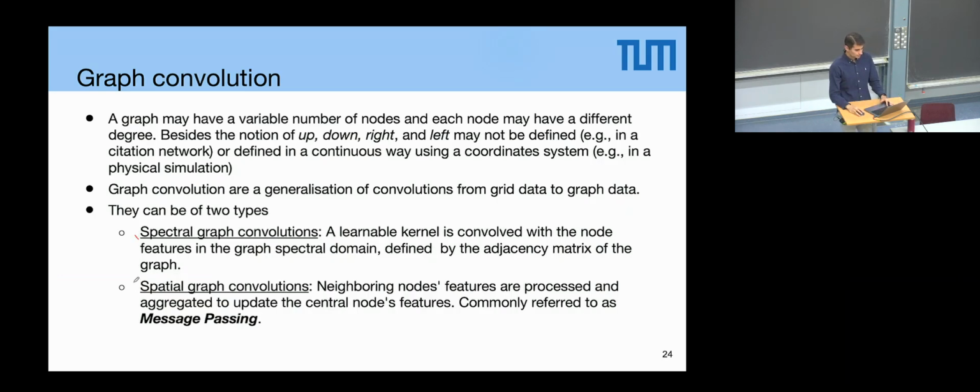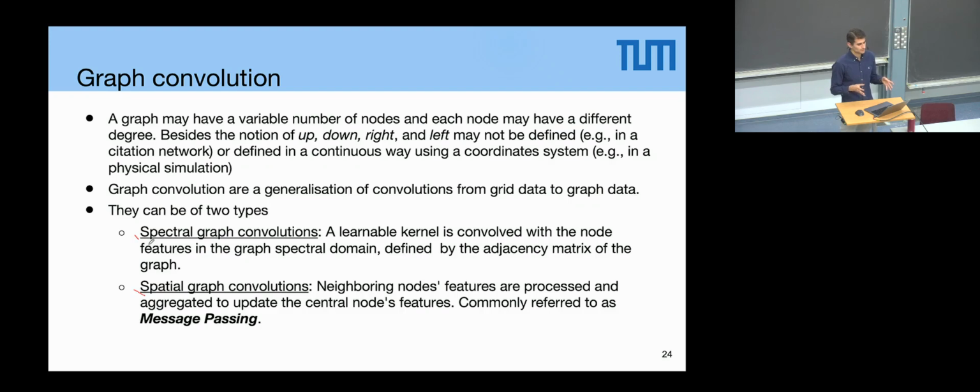These two attempts that try to generalize discrete convolutions, applying CNNs to unstructured data, follow different interpretations of convolution. With the spectral graph convolution, we are considering convolutions from the mathematical viewpoint.